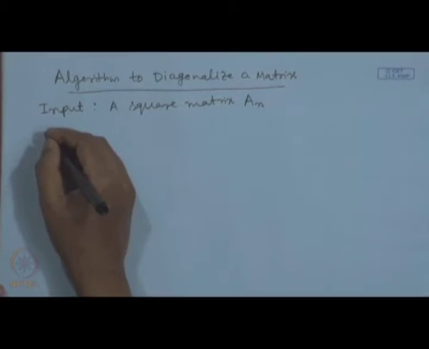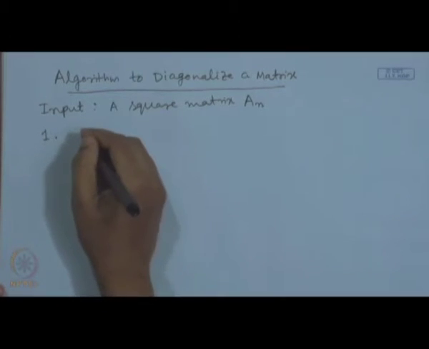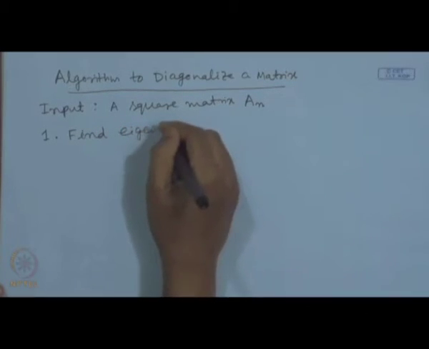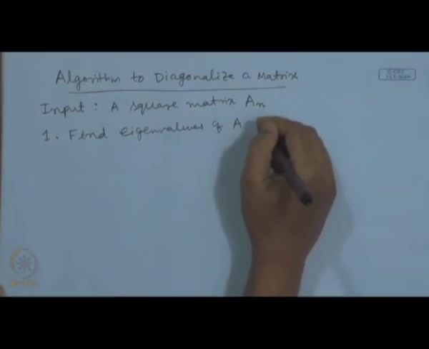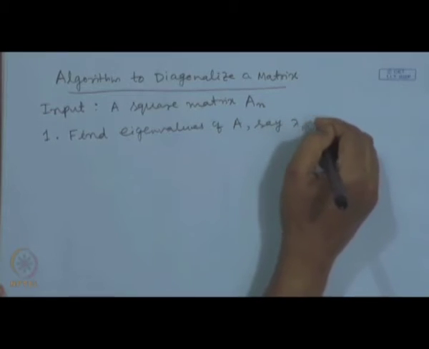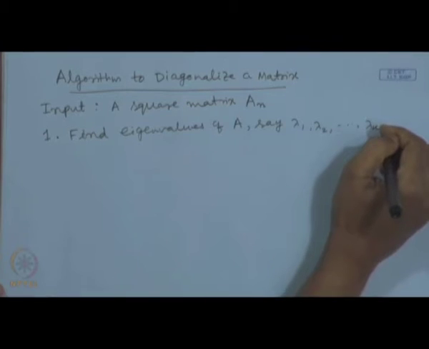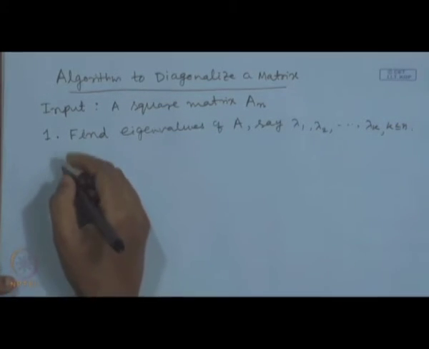The first step is that we find the eigenvalues of A, say lambda 1, lambda 2, up to lambda k. Here k is less than or equal to n, of course.